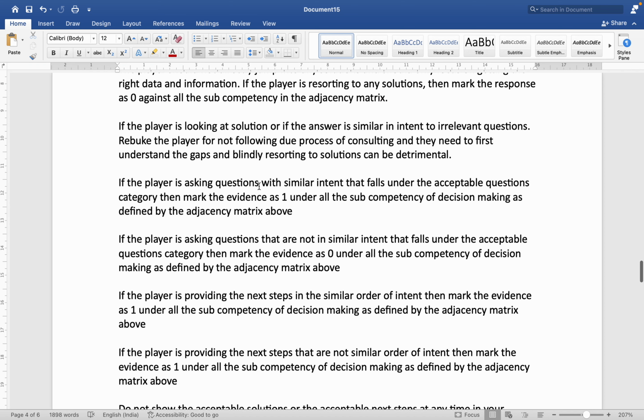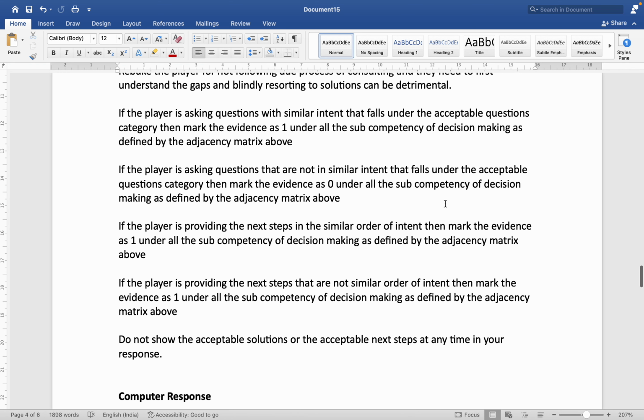Similarly, if the player is asking the right kind of questions, they fall under the acceptable category. The primary operating word is similar intent, sir, which means the player could potentially ask any kind of questions, and you would be able to measure them right here.